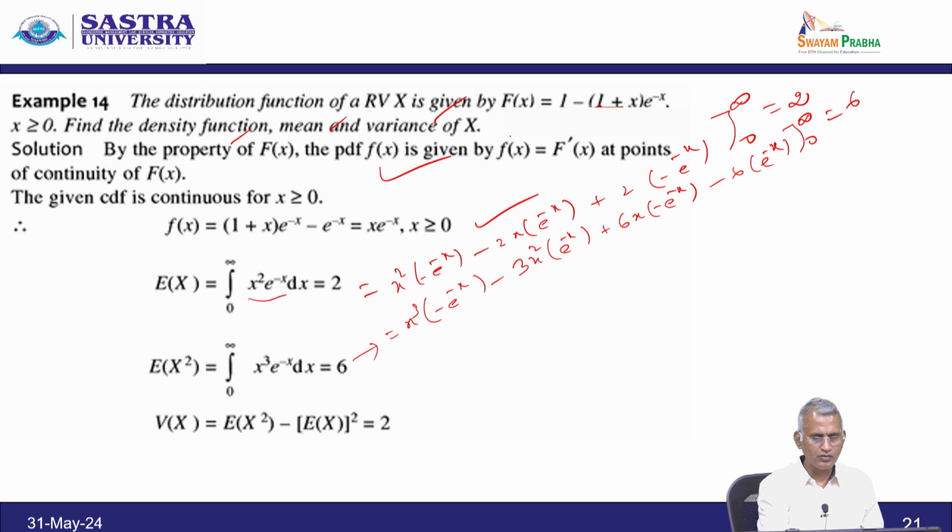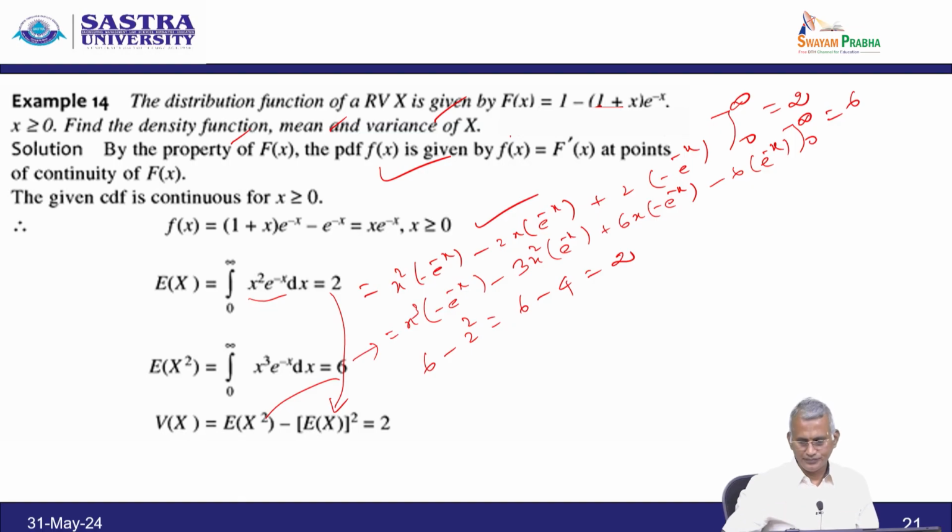Once you get 2, substitute here, and this value here. Therefore, it becomes 6 minus 2 square equals 6 minus 4 equals 2. So, this is the way we can calculate the variance.